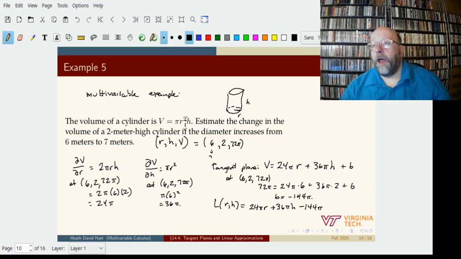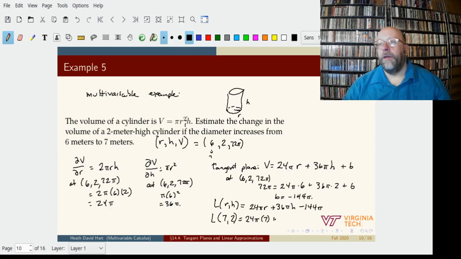So now we can use this to estimate what happens if the height remains at 2, but the radius increases to 7. So the linearization at 7, 2 is 24 pi times 7 plus 36 pi times 2 minus 144 pi.